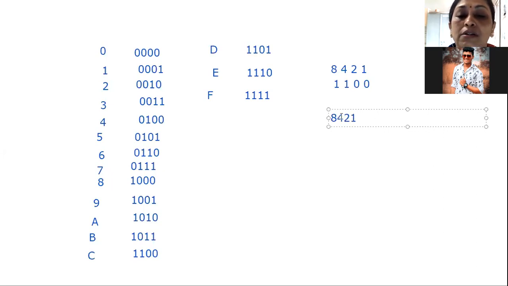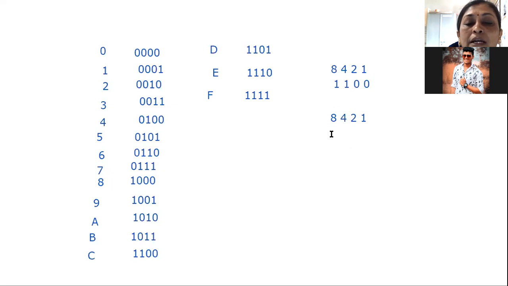So let us give a gap between this so that you can understand it clearly. Suppose I want to write the binary equivalent of 10. So how am I going to write it? 8 plus 2 is 10, isn't it?